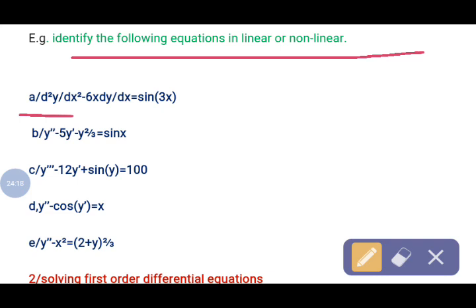We may write this equation in the form y double prime minus 6x y prime is equal to sin x.